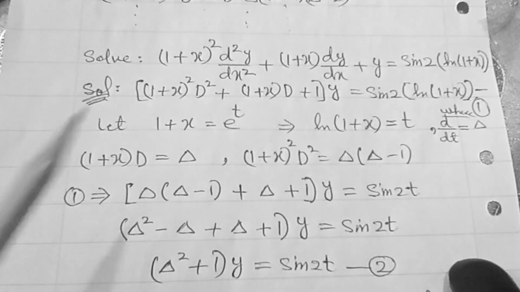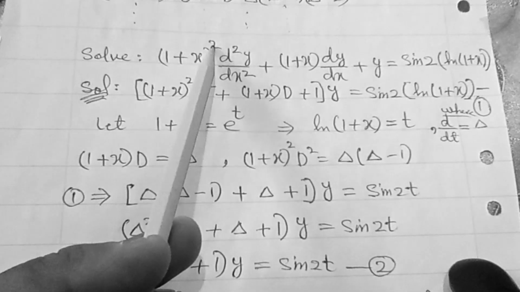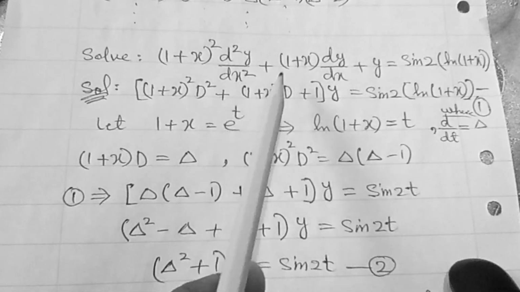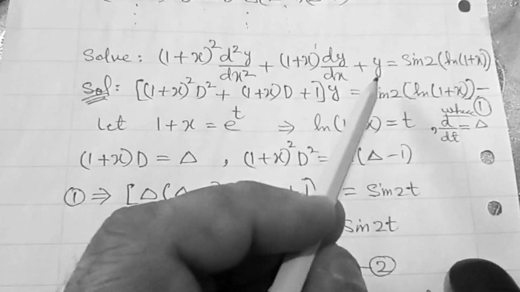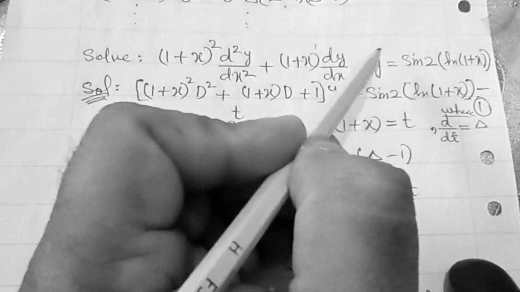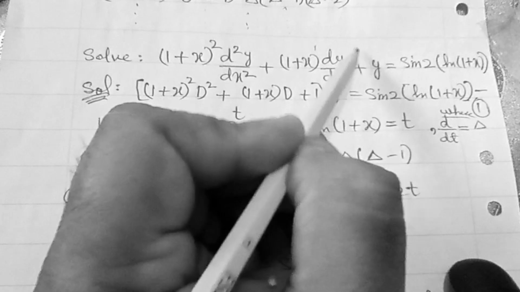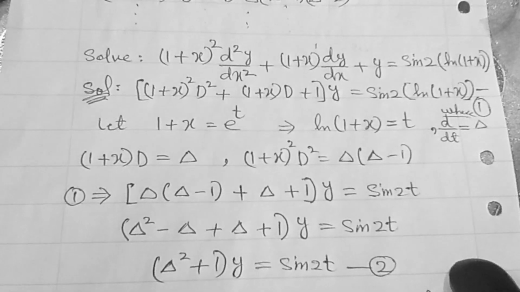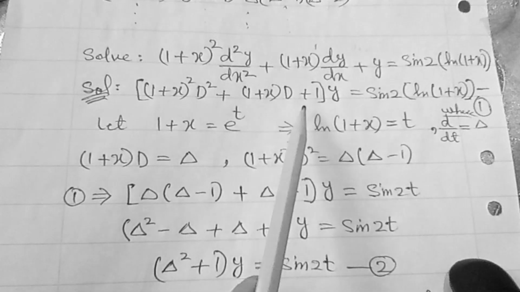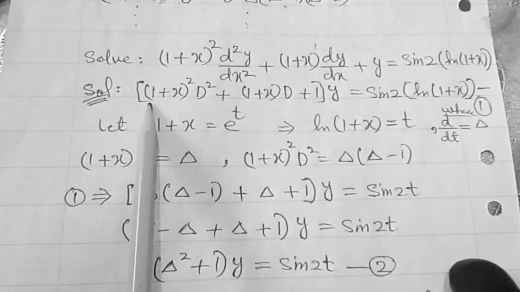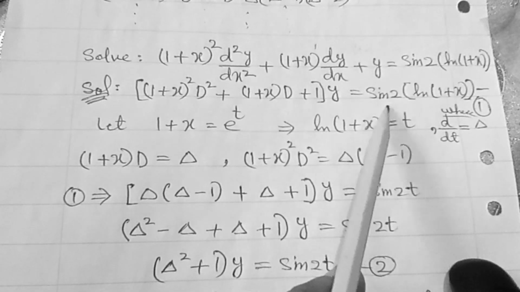The given differential equation is (1 + x)² d²y/dx² + (1 + x)¹ dy/dx + y, and we can write y as (1 + x)⁰ y. This equation is similar to Legendre's homogeneous differential equation, so we can write it as [(1 + x)² D² + (1 + x) D + 1] y, and the right hand side would be sin 2 ln(1 + x).